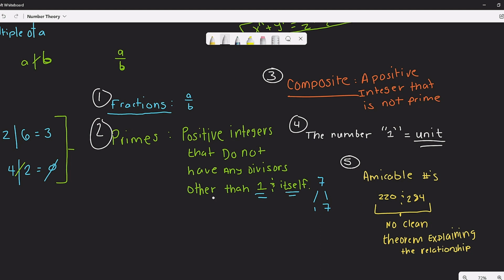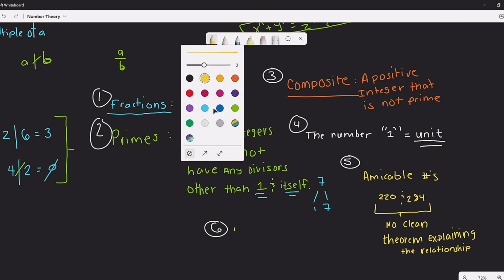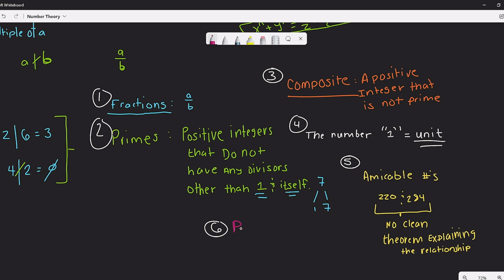And the last class of numbers I will touch on that relates to number theory are called perfect numbers.